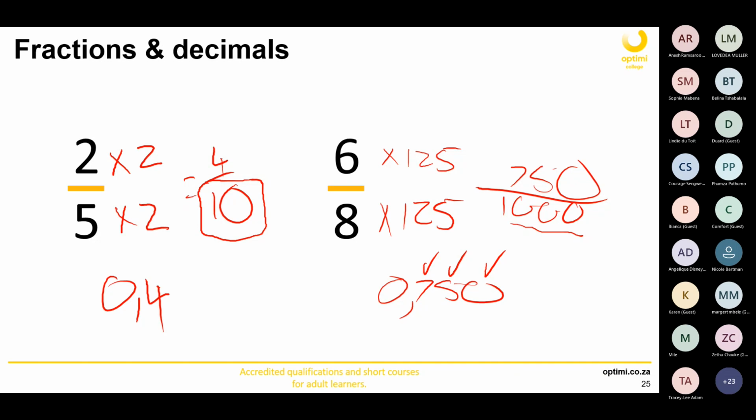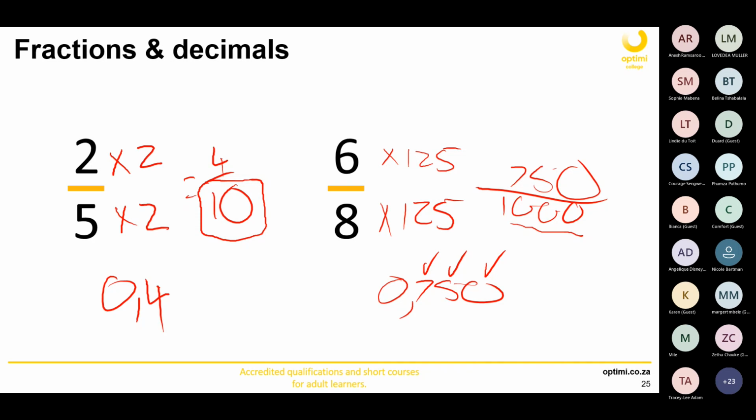What I did with the 6/8 is, if you have to convert a fraction to a decimal, you want to make the denominator, the bottom part, a multiple of 10, either 10 or 100 or 1,000 or 10,000 or 100,000.